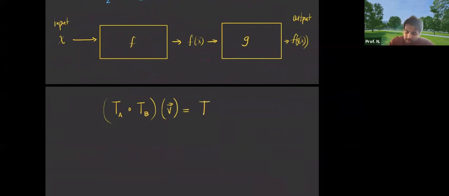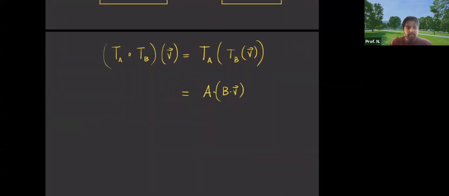That's going to look like T of A, but I'm applying T of B first to V. But since there's a matrix associated with T of B, and that associated matrix is B, I can also write this as A multiplied by B multiplied by V. So we'll see that in action. So this is a composition of linear transformations, similar to just saying multiply the matrices in this order.